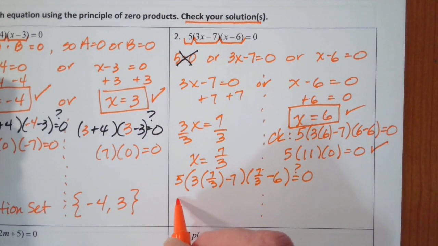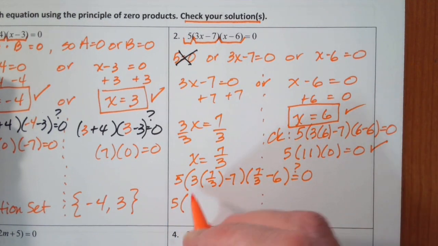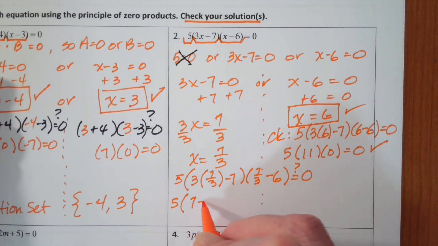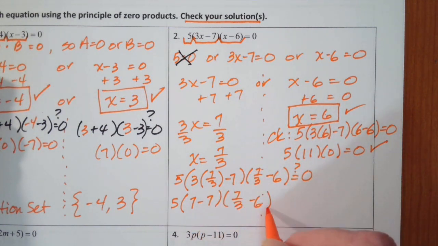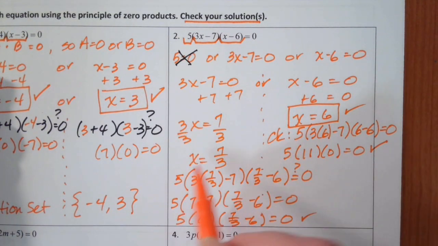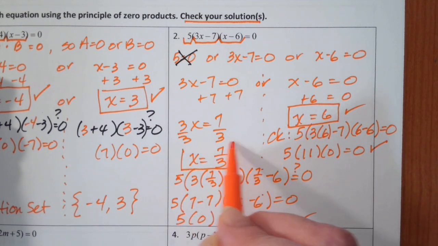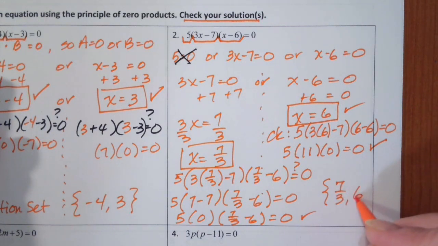Well, this gives me 5 times (7 minus 7) times (7/3 minus 6). So this is 5 times 0 times (7/3 minus 6), which does equal 0, so this also checks. So my solutions would be 7/3 and 6.